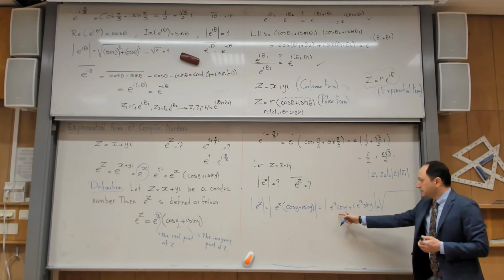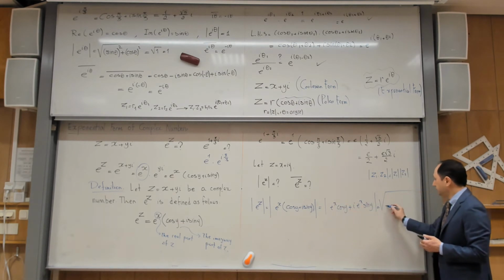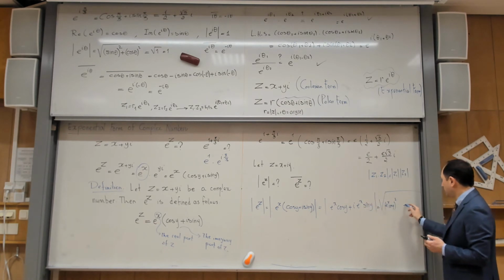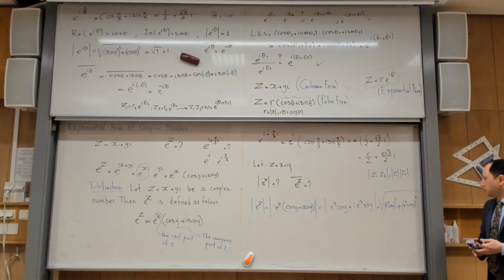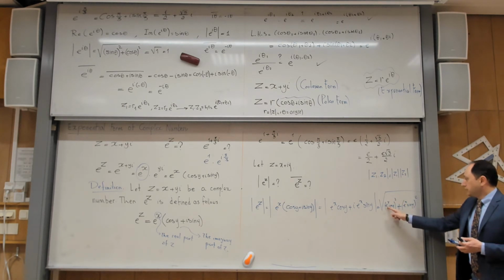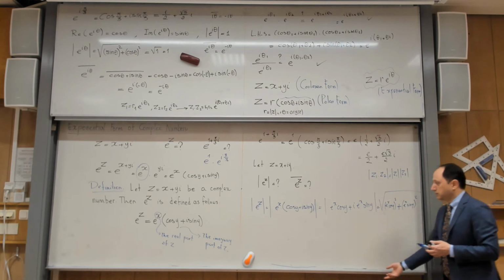I have to raise the real part to power 2. I have to raise the imaginary part to power 2. Yes? And I have to add them. But this one to power 2 means this one to power 2 times this one to power 2.